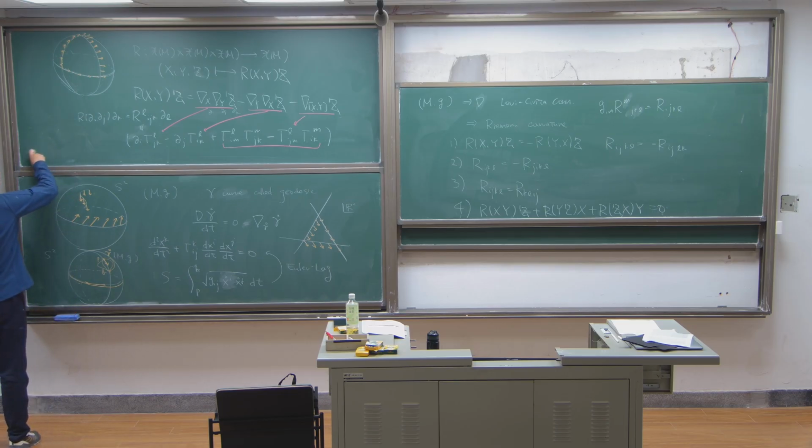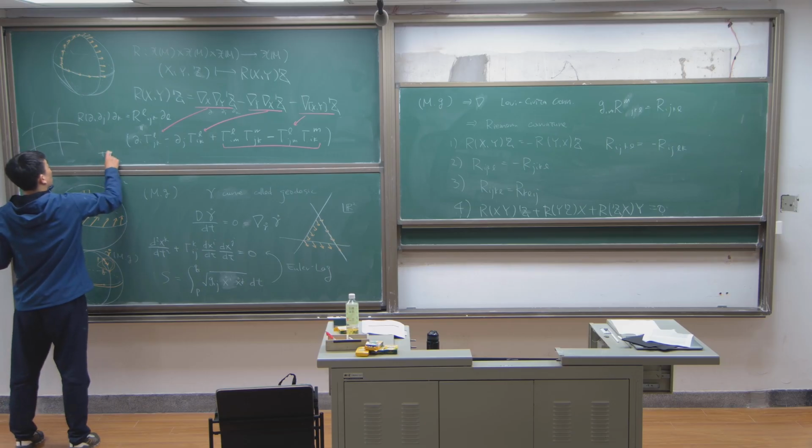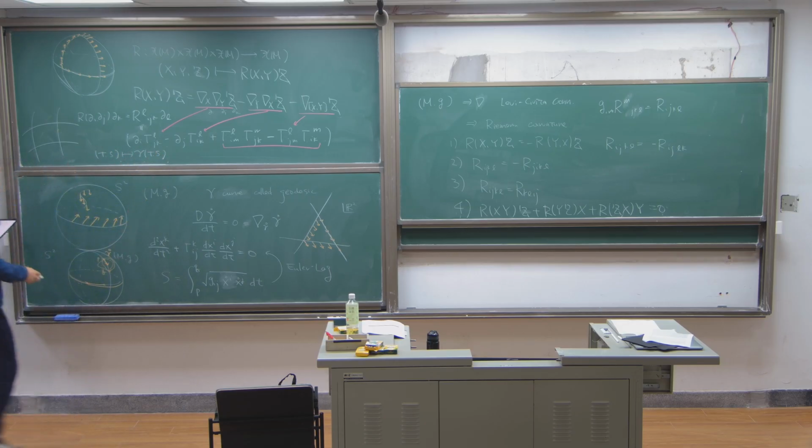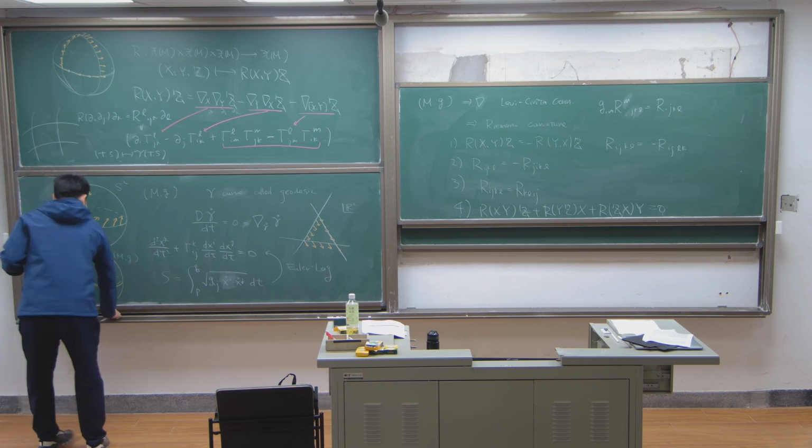You have a vector field, and one can always define a family of curves like this way, and then the Riemann curvature.